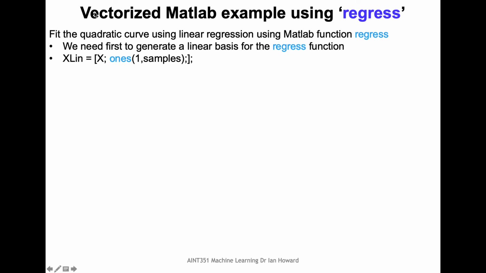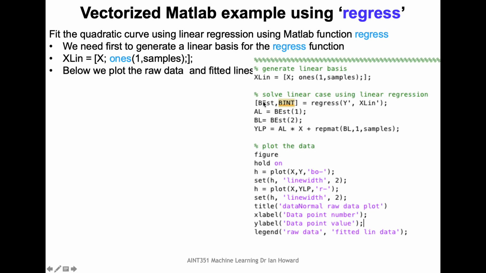So in order to get the coefficient of the c, I have to generate a basis which has all the x data, and then for every value it's also got a 1 corresponding to how we can calculate the constant. So what we do, and you will have to play around with this a bit yourselves, I'm generating my linear basis with all the x data, and then for every data point there's also a corresponding 1, so I can match it up and calculate the coefficient which corresponds to the offset.